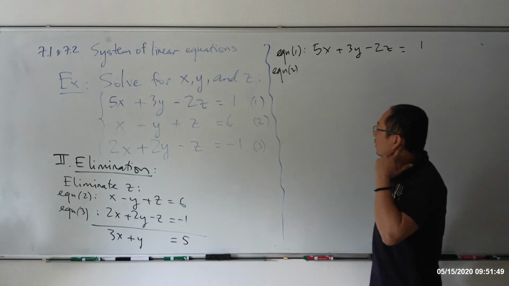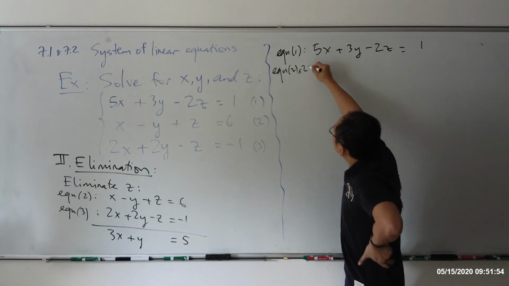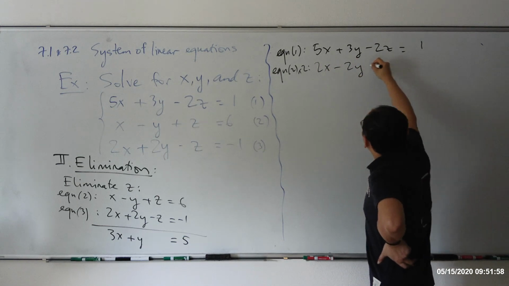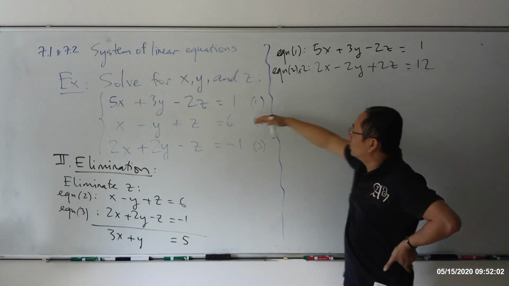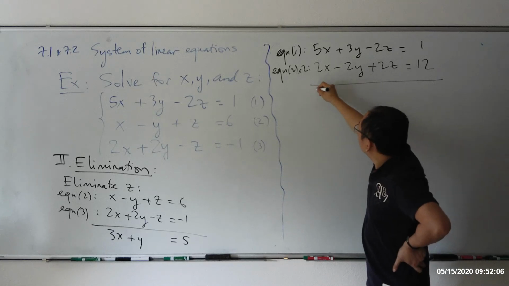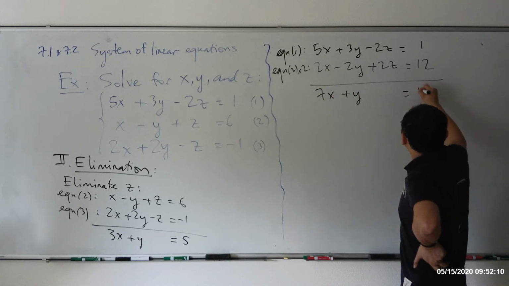After that, I'll add it to the first equation, and the z is going to cancel out. Times 2, I got 2x minus 2y plus 2z equal to 12. Multiply everything by 2. Now add them up. I got 7x plus y, z cancels out, equal to 13.